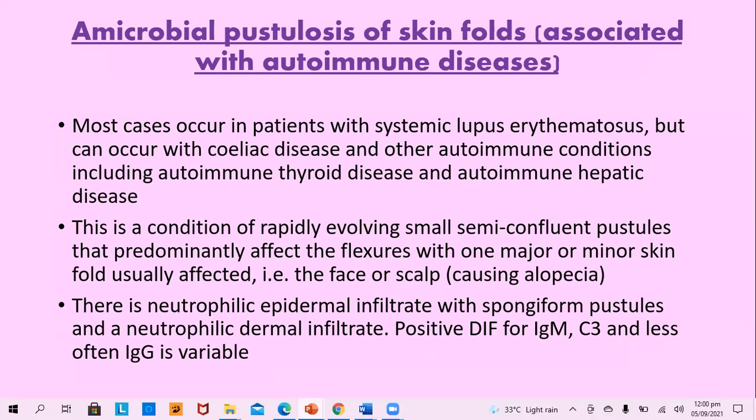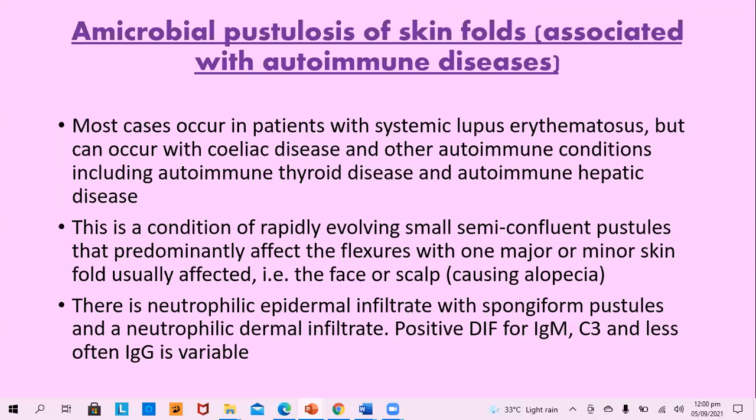Amicrobial pustulosis of a skin fold associated with autoimmune diseases. Most cases occur in patients with SLE, but can occur in celiac disease and other autoimmune conditions that include autoimmune thyroid disease and autoimmune hepatic disease.